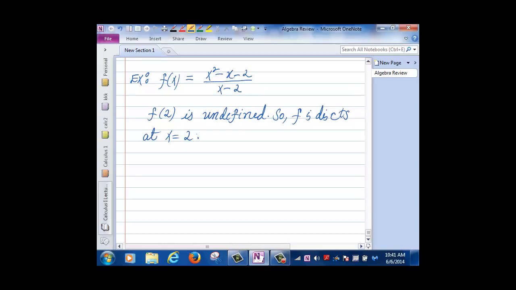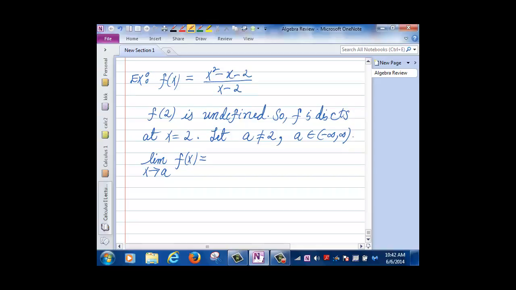The question is, are there any other points where f may be discontinuous? We have to check whether the limit at any other point is the same as the value of the function at that point. Let a be a number such that a is not equal to 2, so a is any other real number. What's the limit at a for the function f? How do I find the limit of a rational function at a point if that point is in the domain?